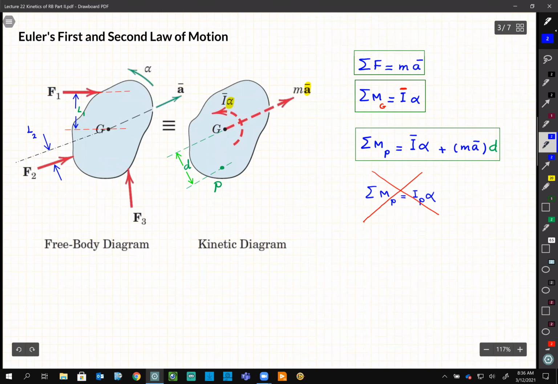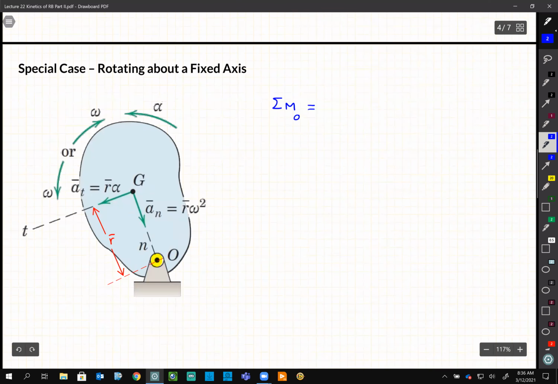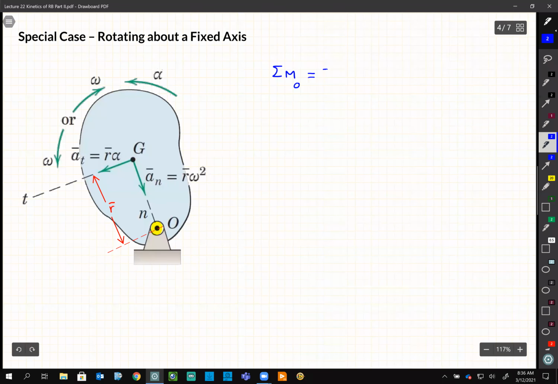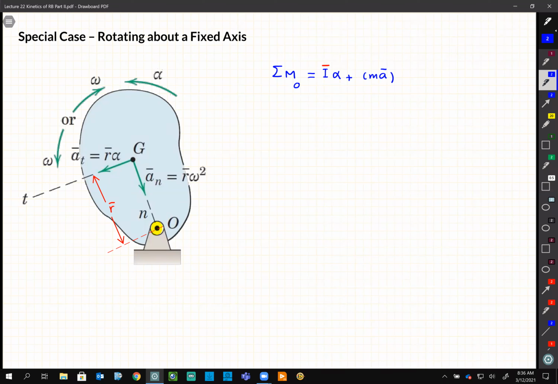It says the sum of the moment about any point other than G is equal to this formula. So okay, let me write it down. It's I bar alpha plus M A bar, and then D.